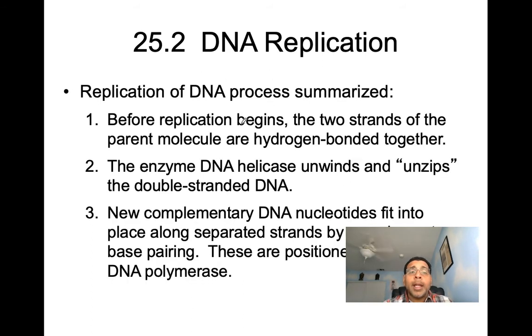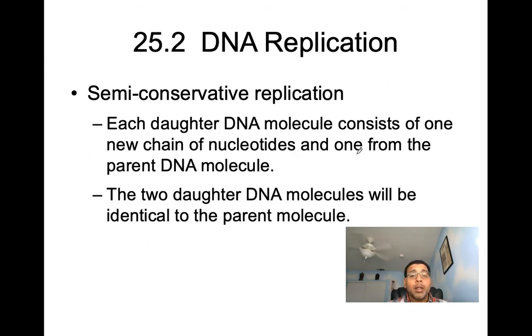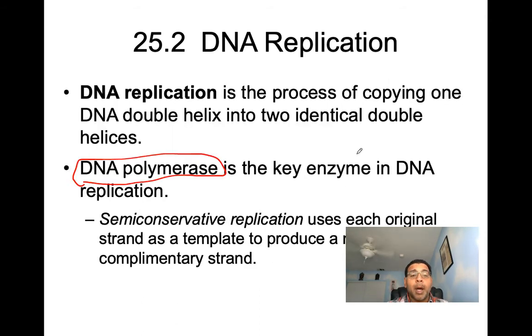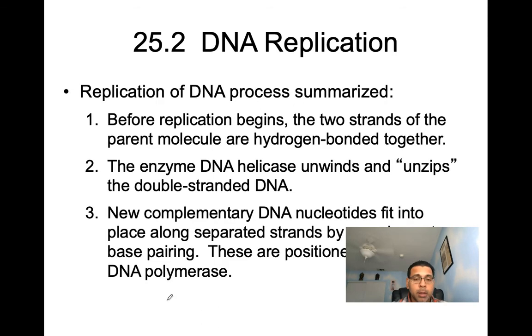Now let's look at this process of DNA replication in greater detail. Before replication begins, the two strands of the parent molecule are hydrogen bonded together, if you recall. Next, the enzyme DNA helicase comes into the picture.